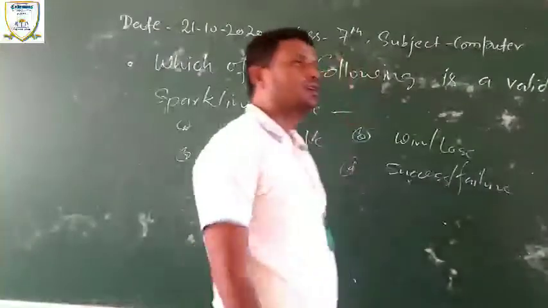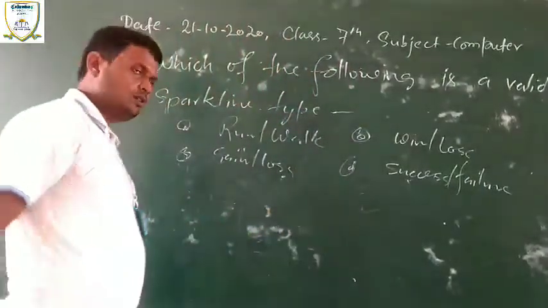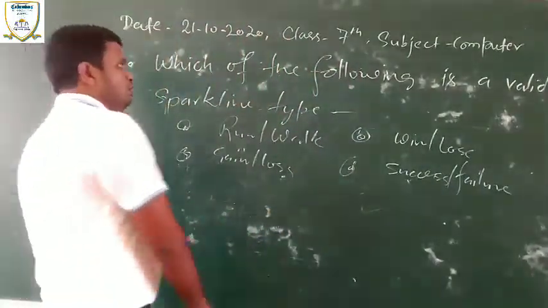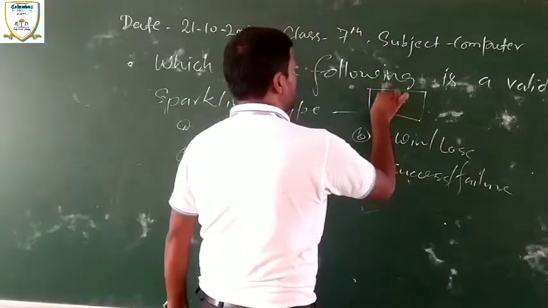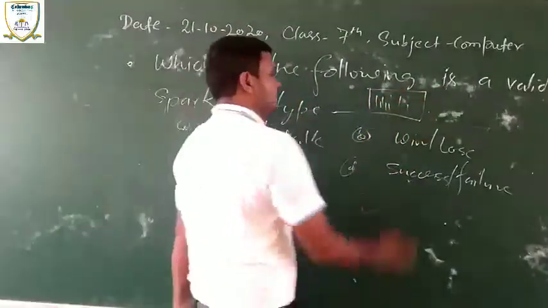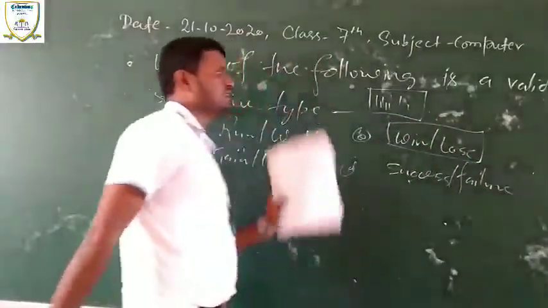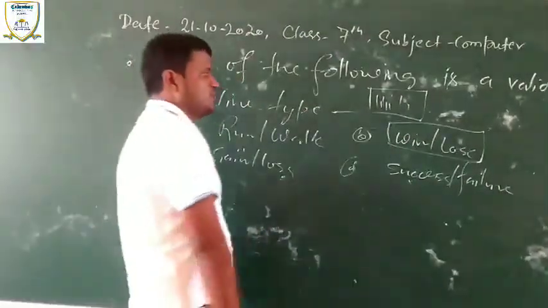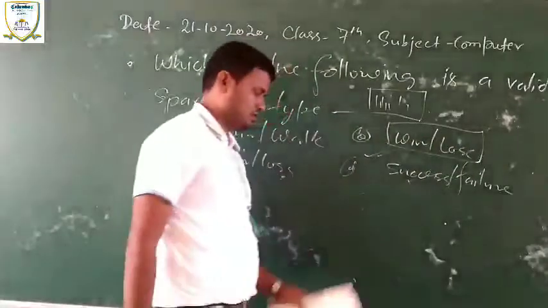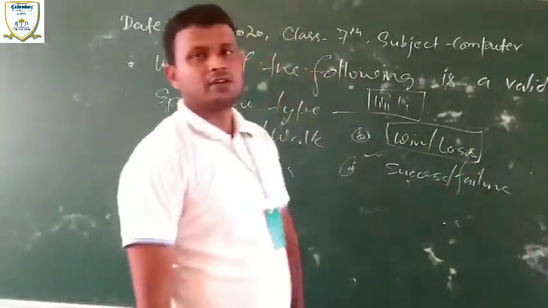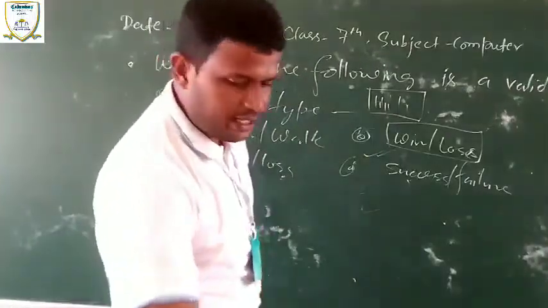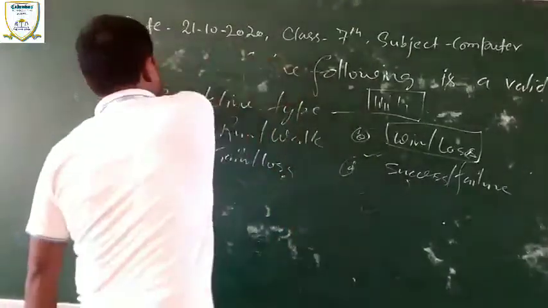So I think everyone knows win and loss is used in a sparkline. A sparkline is a tiny chart, so it is used for only win and loss. Okay, is that clear? The next.